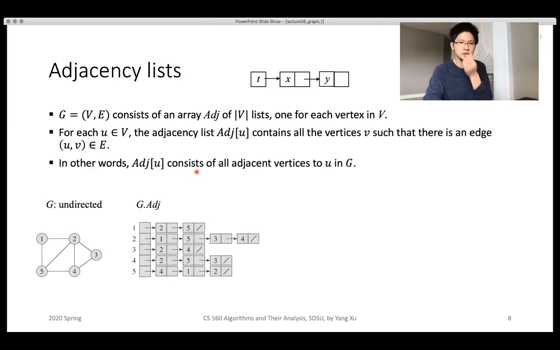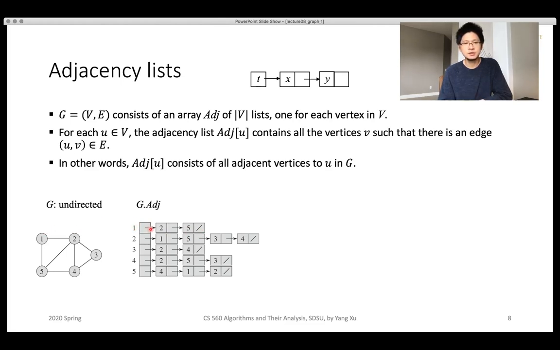So within this example here, if the graph is undirected and the Adj property of G looks like this, because we have 5 vertices, we have 5 lists as well, and each list is in a row. The first row is the list for vertex 1.